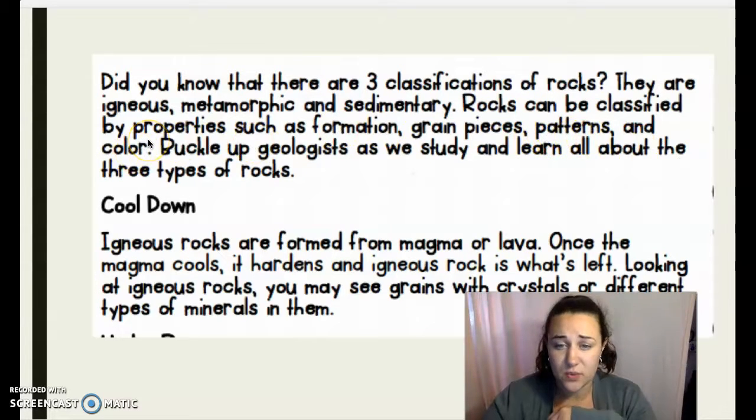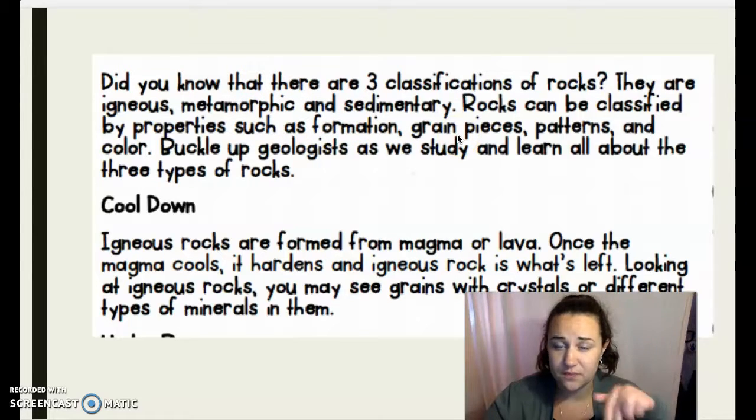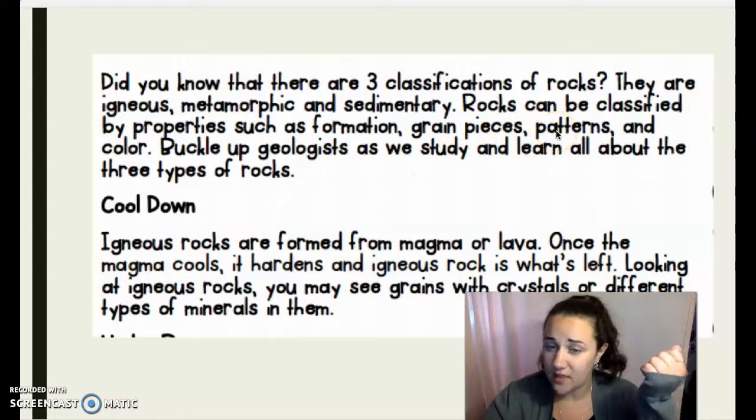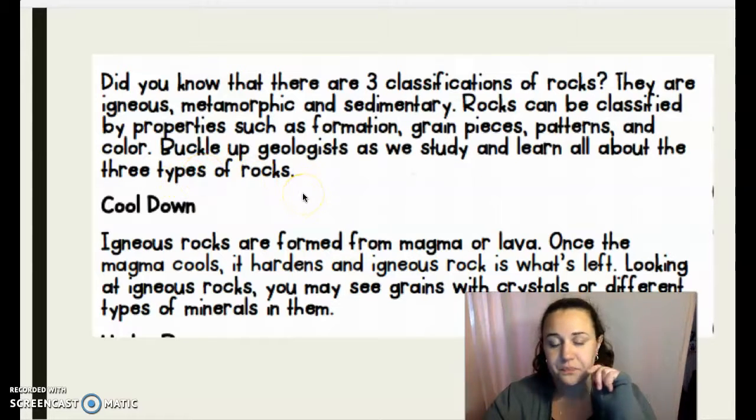So basically, friends, we can determine which type of rock it is based on their properties. Remember how we can describe them: how they're formed, their grain pieces, which I'll show you in the pictures, patterns that they might have on them, and their color. Buckle up, geologists, as we study and learn all about the three types of rocks.